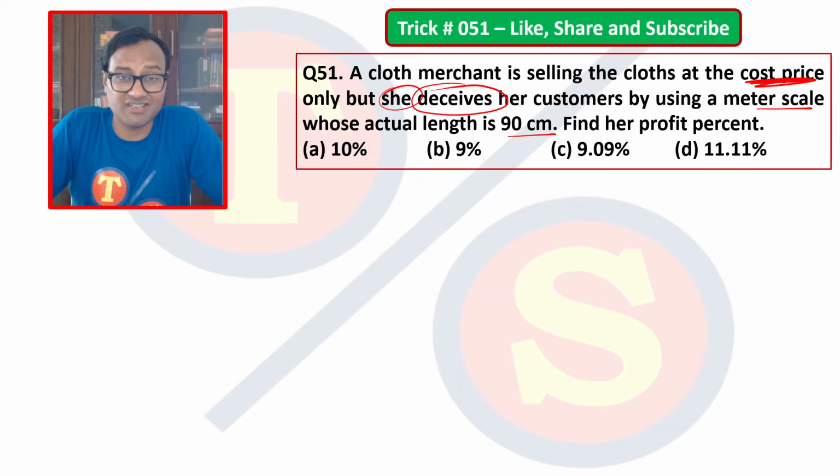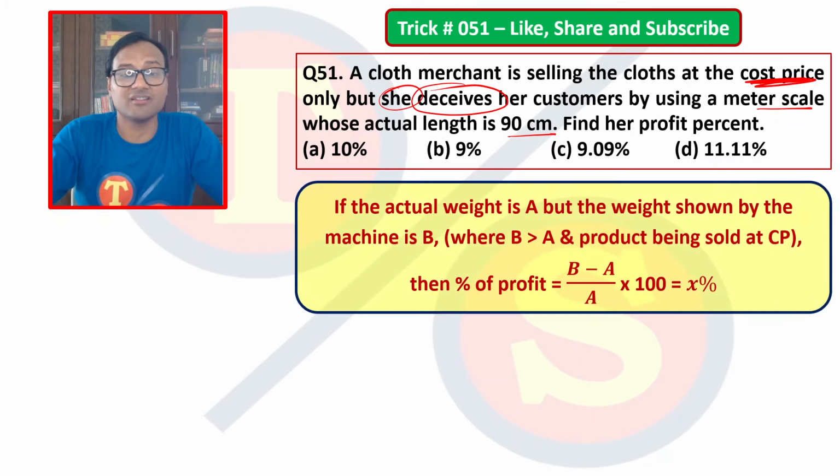So she is selling the cloth at the cost price only, but she is using a faulty scale whose length which the customer can see is 100 centimeter, but the actual length is 90 centimeter only. So the customer is under the impression that he is getting 100 centimeter of cloth, but actually he is getting only 90 centimeter. So this margin of 10 centimeter is the profit of the cloth merchant, and that is the answer.